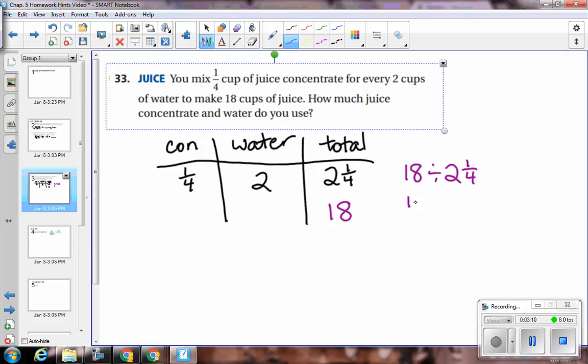So we're going to be doing 18 over 1 divided by 9/4, which is multiplying by the reciprocal. So you're going to do this to get that magic number that we're going to multiply our recipe by in order to get the answer and fill in for the concentrate and the water.